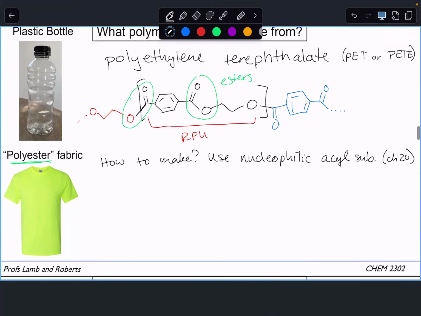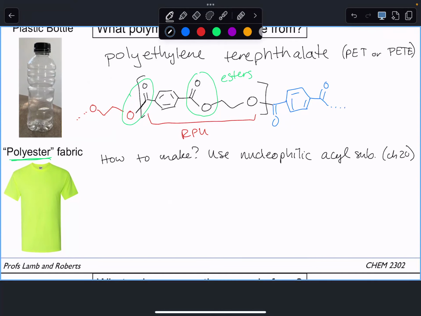So we're using nucleophilic acyl substitution. So let's look at the monomers for this polymerization. We are going to have a carboxylic acid derivative. So again, this X group can be a couple of things.